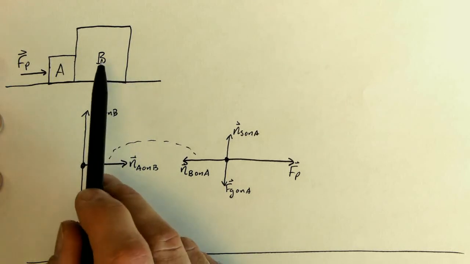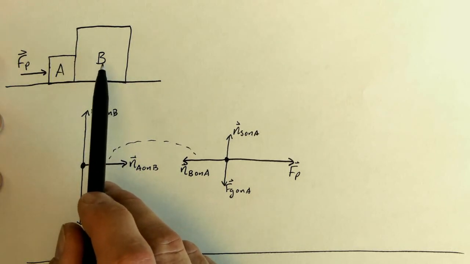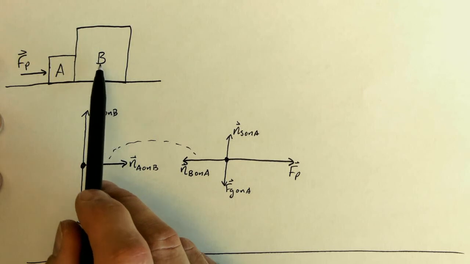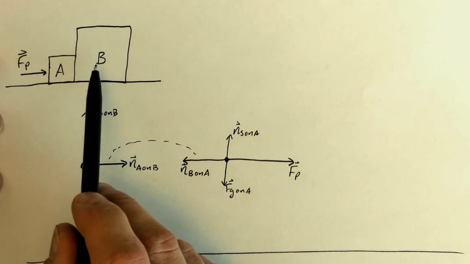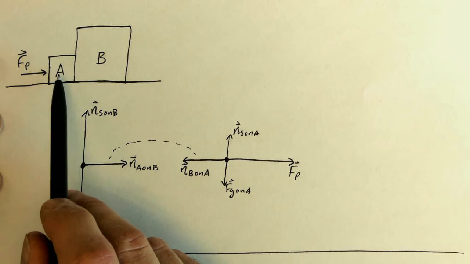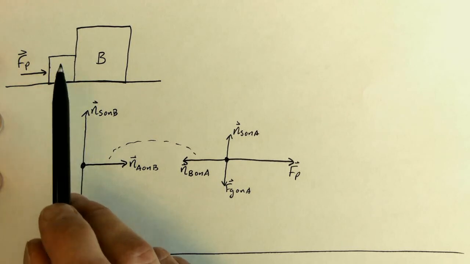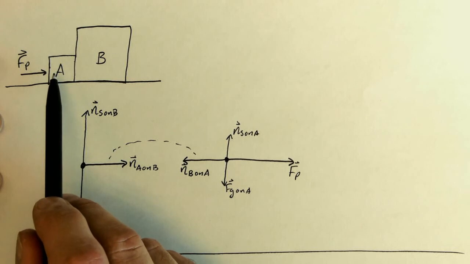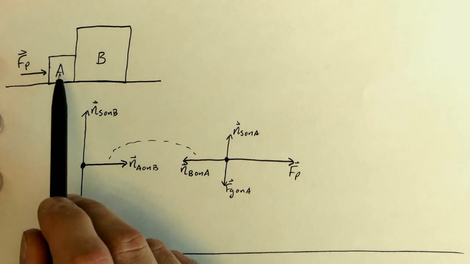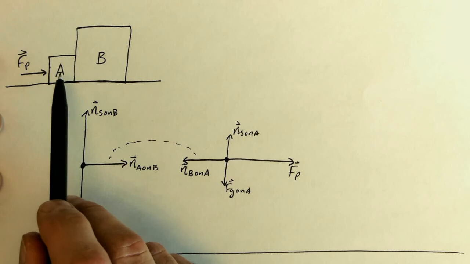Okay, so when thinking of the second law, B has a bigger mass, and therefore if it's accelerating at some value a, it must have a big force. And the little box A has a smaller mass, so it requires a smaller force to accelerate. But more particularly, it requires a smaller net force.